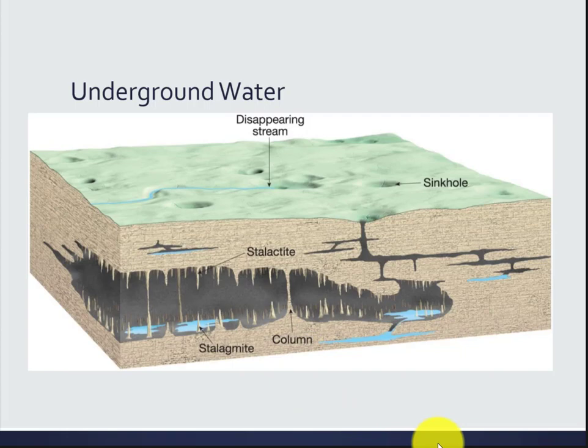So basically what happens in this underground water is if you have a certain kind of rock, particularly limestone, and limestone is so effective with underground water because it's made out of calcium carbonate, and we just saw on the previous slide that calcium is one of the elements that's really soluble.